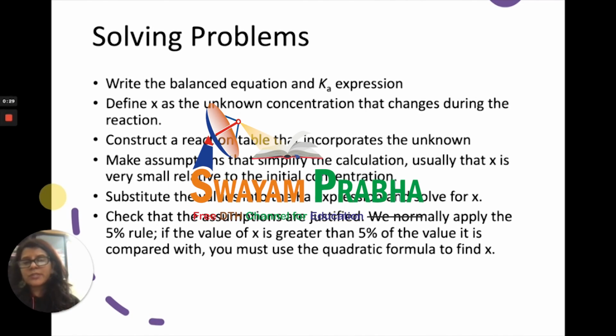Then we substitute these into our Kas and solve for X. A major assumption that we make during the course of solution is that if our Ka is small, then you can ignore X in the denominator. If Ka is moderate, that is 10 to the power minus 5 or less, then you can ignore it; 10 to the power minus 5 and more, then you have to consider it and solve it quadratically. That's how you solve all your problems for weak acids, also for diprotic, triprotic acids.